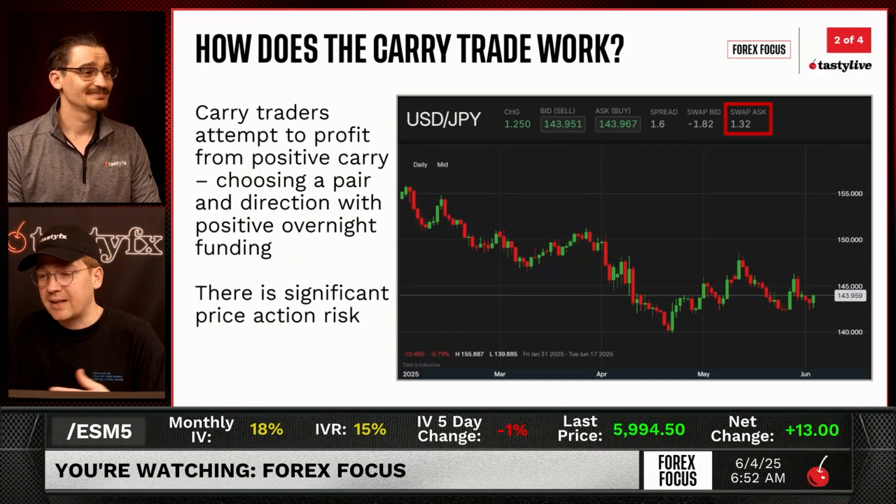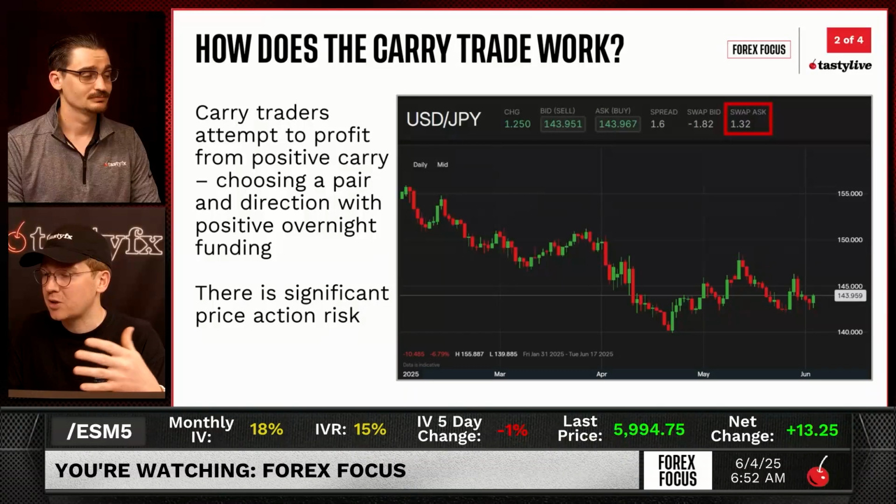Yeah, like I say, if you had gotten long at 150 and you're taking a point every night, but then the market's against you, it's now trading 145, it's 500 points against you.